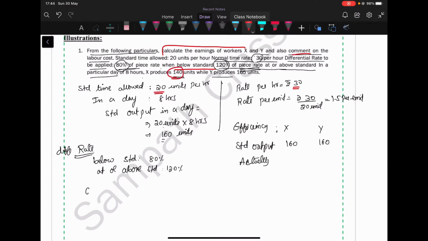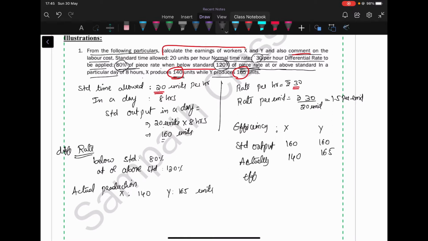Actual production is 140 and 165. I'll write that also here. Actual production: X 140 and Y 165 units.